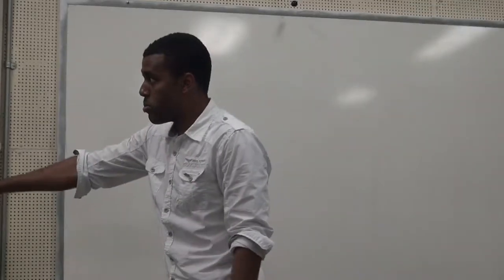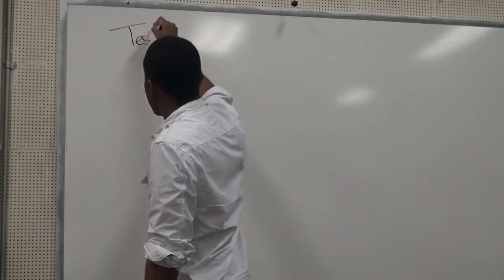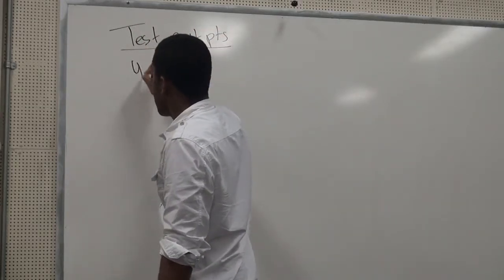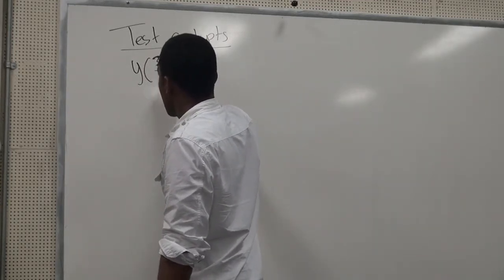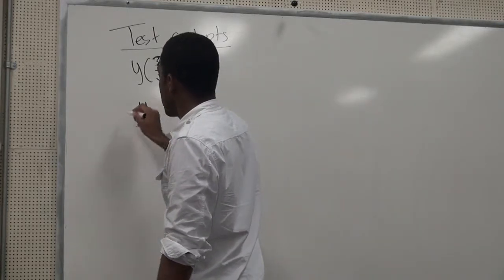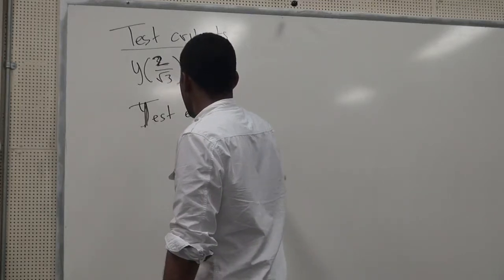But after you find the critical points, then you have to test the value of the endpoints. So now you're going to test the critical points, which means you're going to have to find y of 2 over radical 3. You're going to get an answer. Then you're going to test the endpoints.